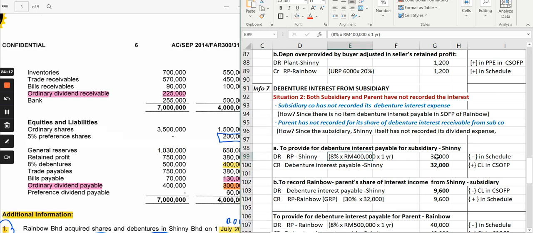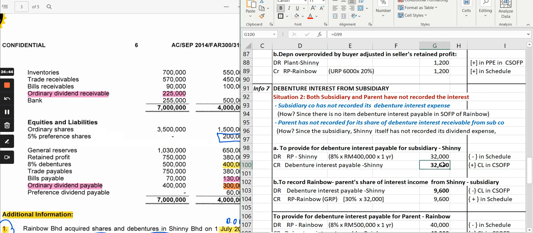Yearly debenture interest, 32,000. That will be adjusted in the schedule under the retained profit column. And credit debenture interest payable, this will appear in the current liability section in the preparation of the consolidated statement of financial position. You need to include a new line item, which is debenture interest payable.